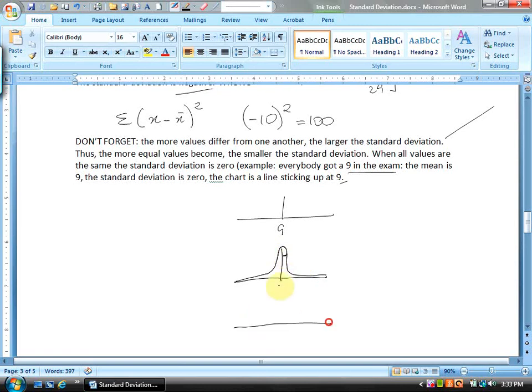Now, let's say the mean is a 9, but some people got much more than a 9 and some people got much less than a 9. So it widens up and the standard deviation is found right here. I'm doing this dot here to show you that we are talking about the length down here. When we say the standard deviation is 1 or 2 or 1.5, we're talking about here.